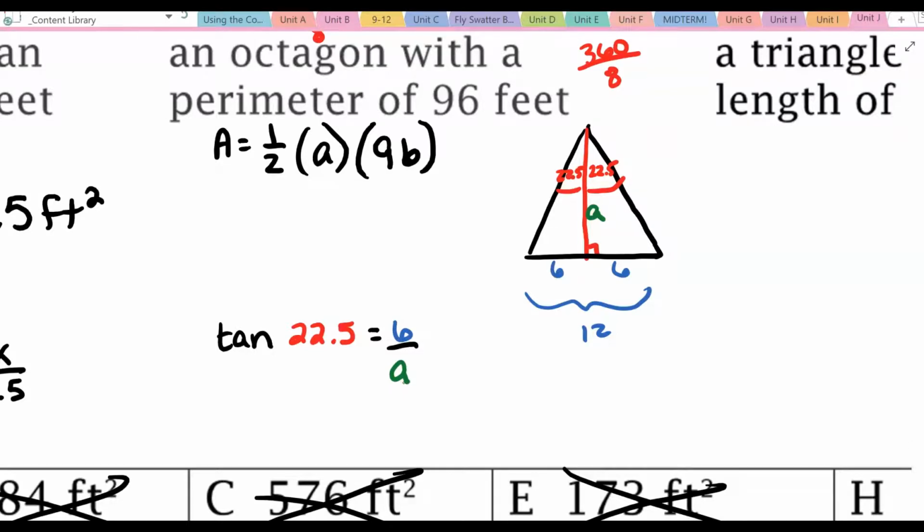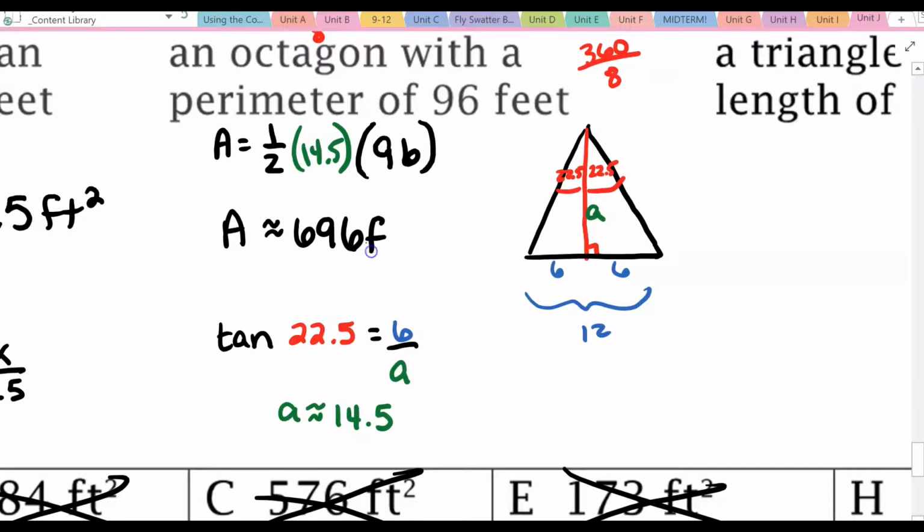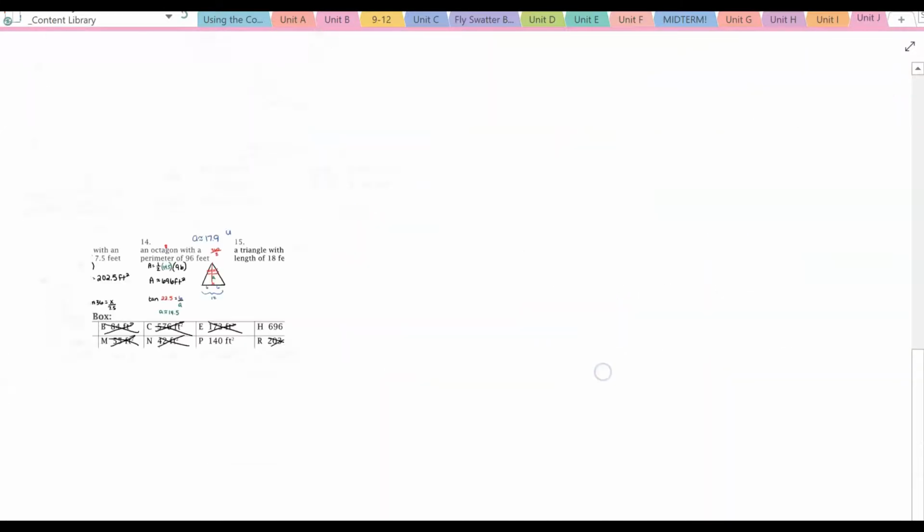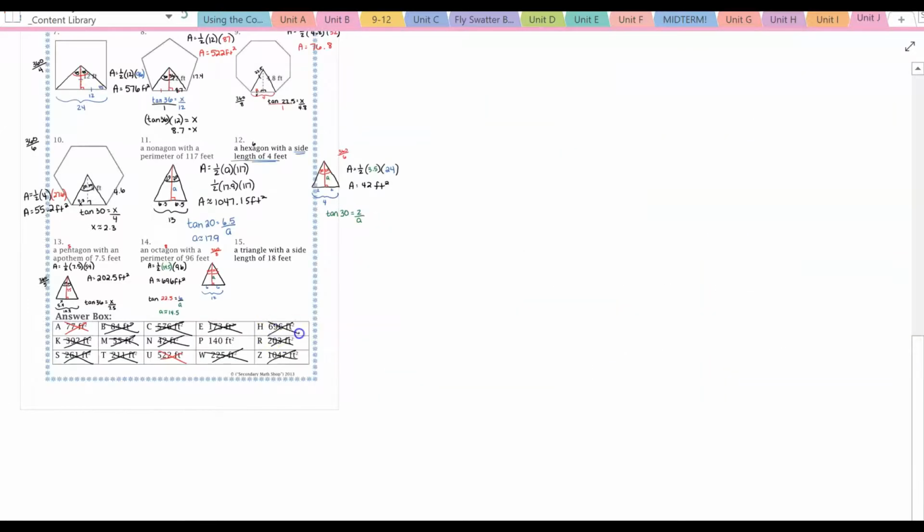I end up having to do 6 divided by tangent of 22.5, and we get an apothem worth approximately 14.5. So 14.5 times a half times a perimeter of 96 gives us an area of about 696 feet squared. That gives me letter H.